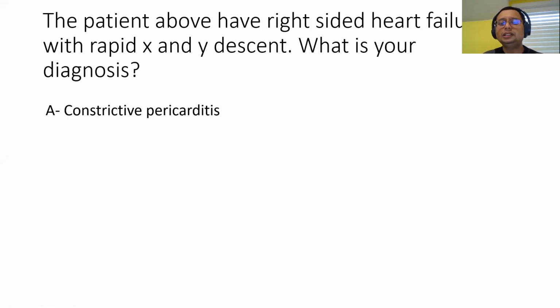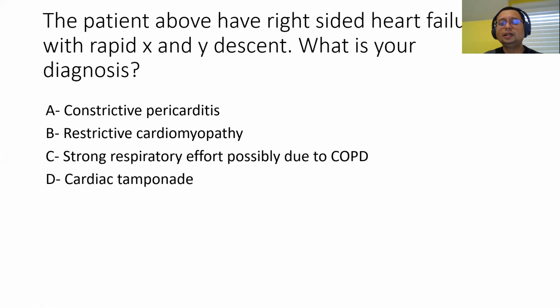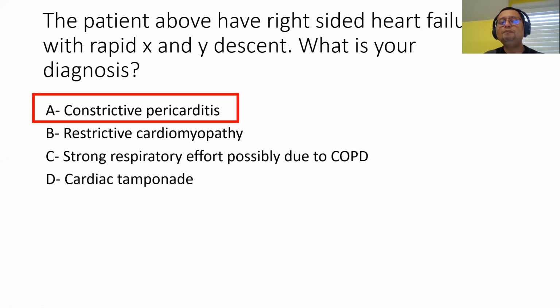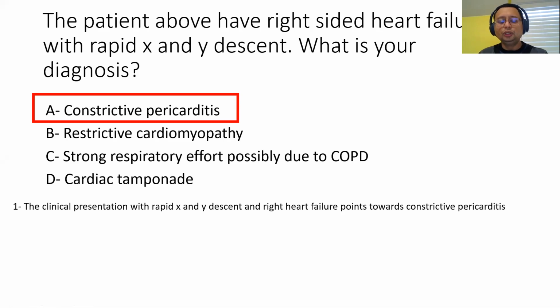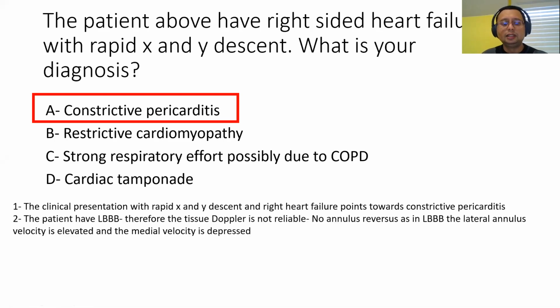So this patient's diagnosis is constrictive pericarditis. Furthermore, the patient has rapid X and Y descent. Remember the mnemonic: Anderson, Cooper, Love, Van der Weydt, Yale. So the clinical presentation with rapid X and Y descent and right heart failure points towards constrictive pericarditis. The patient has LBBB. Therefore, the tissue Doppler is not reliable.